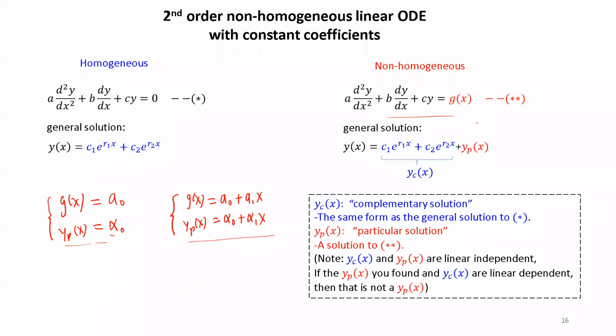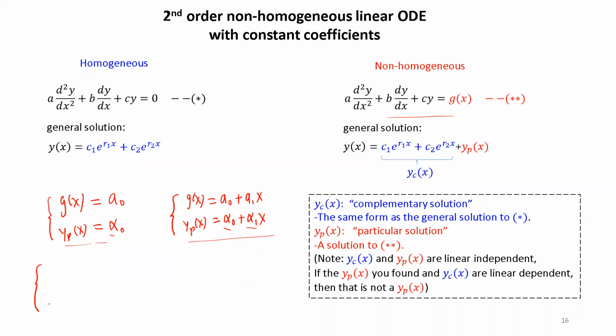So the way to find the YP is again putting in a so-called trial solution, and then you figure out what the constant values in the trial solution are that satisfy your differential equation.